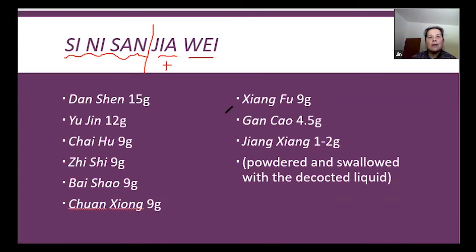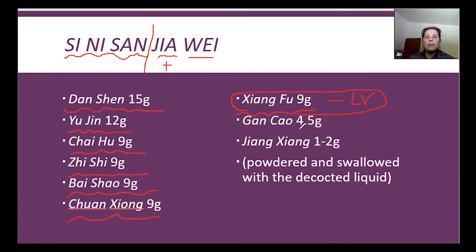That's a formula for moving qi, especially liver qi, plus other herbs to remove blood stasis. So 丹参 can move blood. 郁金 moves liver qi, 柴胡 moves liver qi, 枳壳 moves qi, 白芍 nourishes liver blood, 川芎 moves blood, and 香附 especially moves qi for the liver. So 香附 is a pretty good herb for moving liver qi.